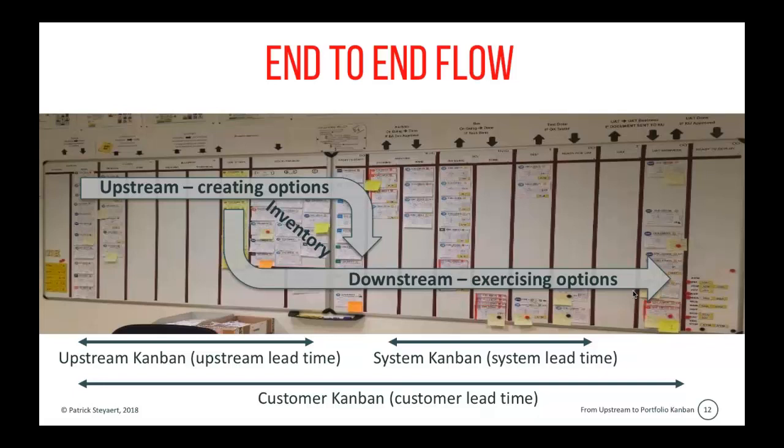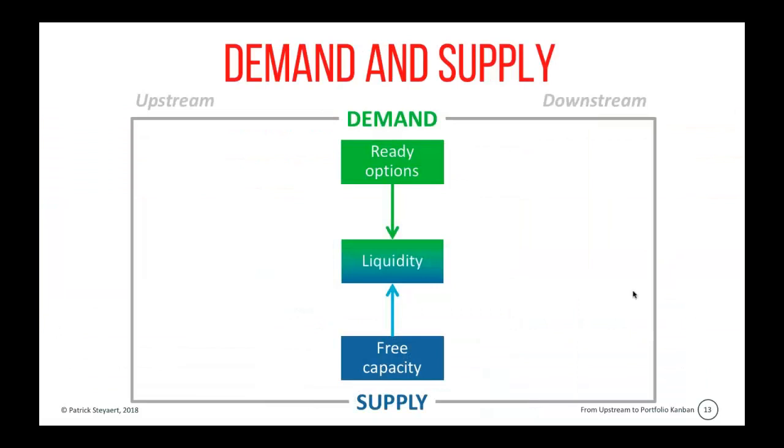So I'll use those two lead times later on in the presentation. Before modeling this as a systems diagram, I'll expand on this a little bit. In this end-to-end flow, we have two parts: a demand part and a supply part. The demand part is the options that are ready to be executed, and the supply part is the capacity that is free to execute those options.